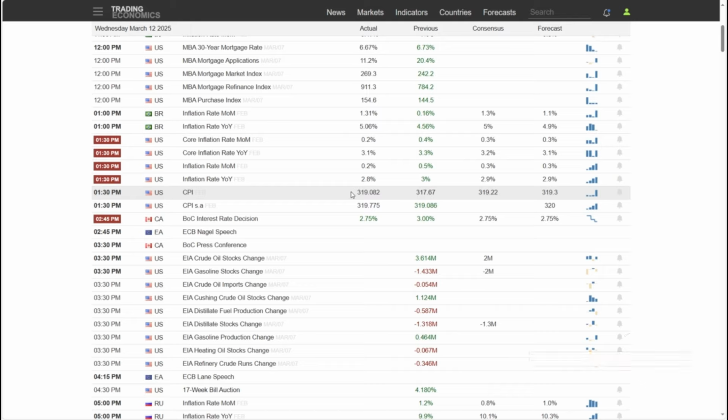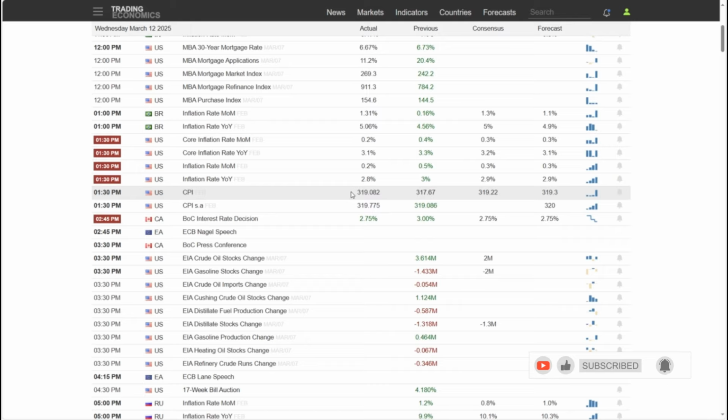We saw that core inflation year on year for the month of February came in at 3.1%, decreasing from 3.3% on a yearly basis, so there has been a decrease in the core inflation rate. Also the CPI, the ordinary inflation rate, has decreased from 3% to 2.8%.